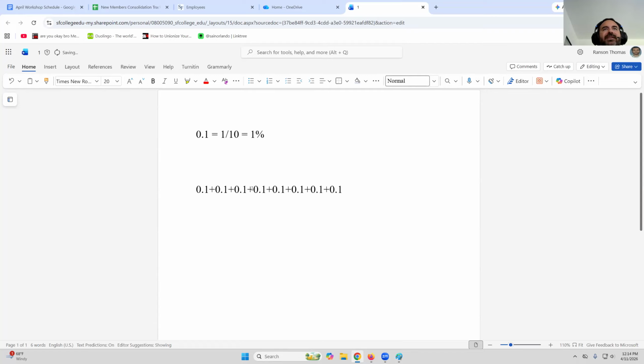So 1, 2, 3, 4, 5, 6, 7, 8, 9, 10. If you add all those together, that's 0.1, 0.2, 0.3, 0.4, 0.5, 0.6, 0.7, 0.8, 0.9, 1, right? And so there's 10 0.1s to get to 1.